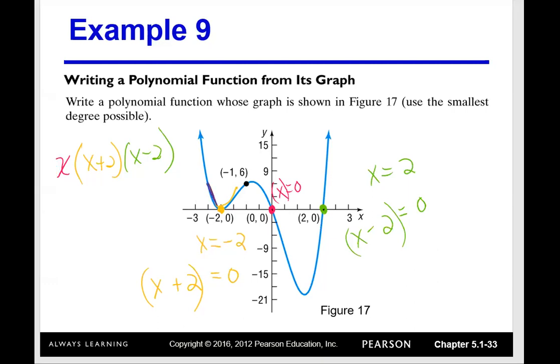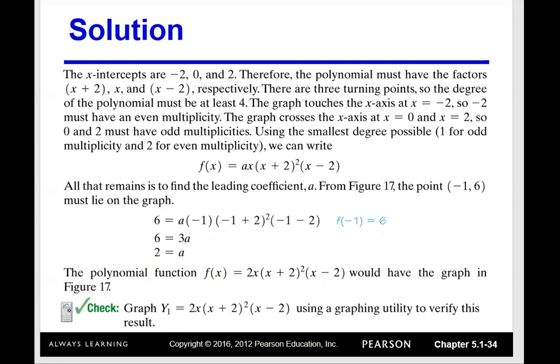This right here is touching. So that means it has a multiplicity of 2. That should be an x plus 2 squared. The red one is crossing, the green one is crossing, so those are to the first powers. So I think they just left it like that, didn't they? Yep.